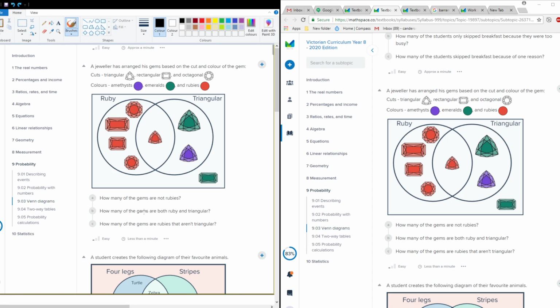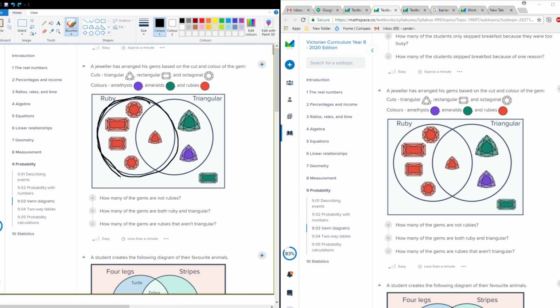How many gems are both ruby and triangles? Well, this would be the ruby and the triangle section. So your answer would be in there. How many gems are rubies that aren't triangular? So we want the ruby section.